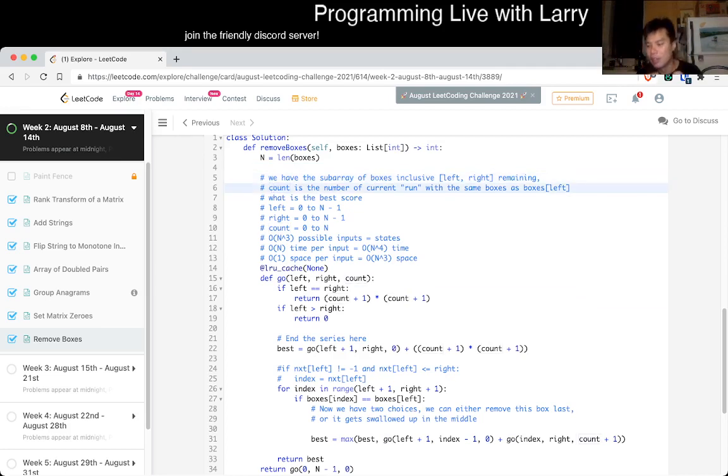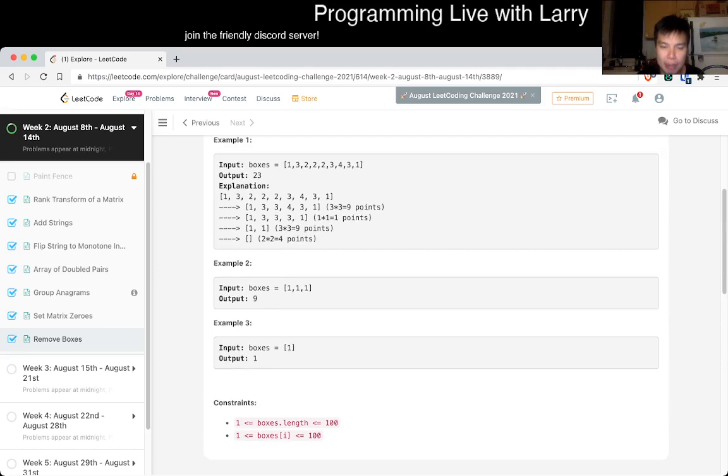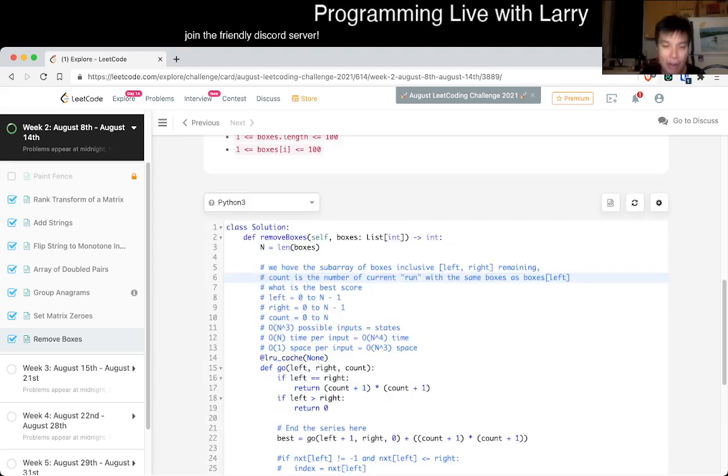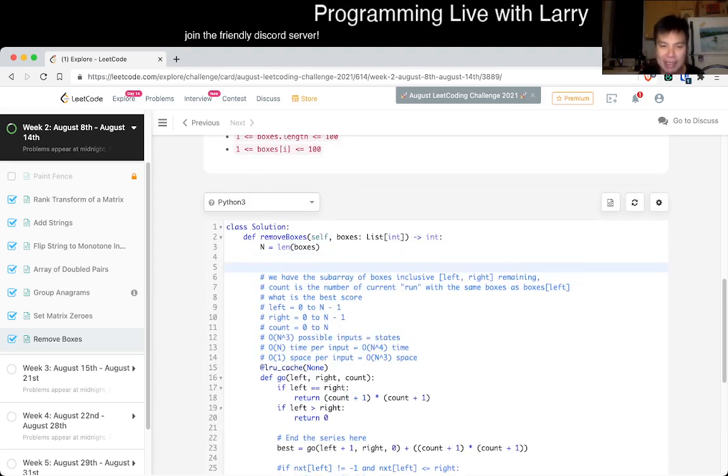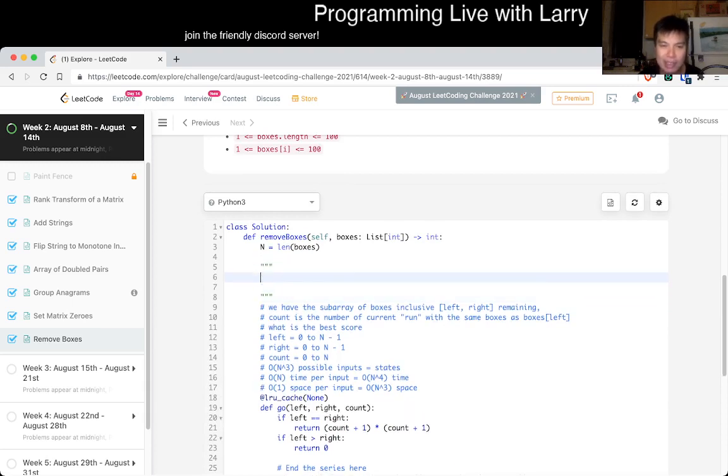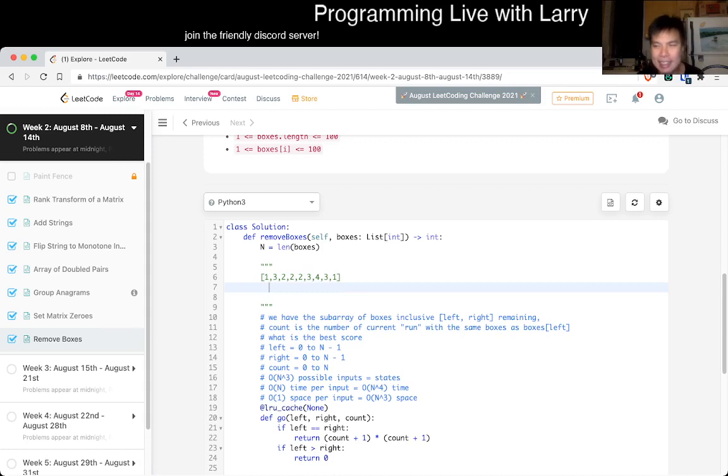I think I said this in the other video as well: the idea here is that this is an asymmetric kind of problem in how you handle it. For example, let's say you have this sequence. The way that you may think about it is, let's think about the next move and then do a recursion. For example, let's say our next move is 2, and then now we do a recursion.